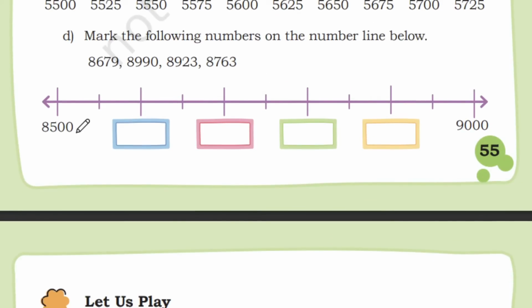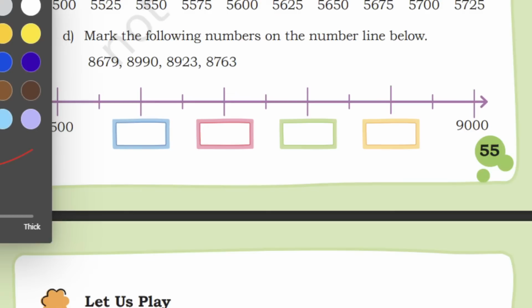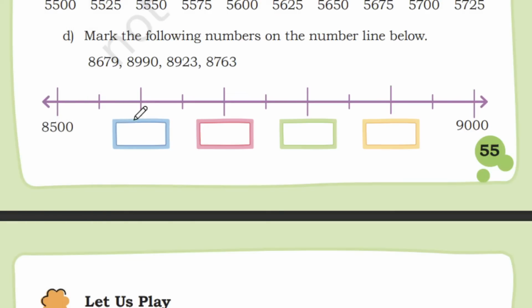Mark the following numbers on the number line below. So we have 8,500. So 8,600, 700, 800, 900 and 9,000. So it is 100 intervals. So now we will fill that out. So 8,600, 8,700, 8,800 and 8,900.